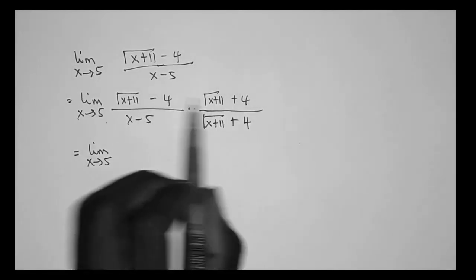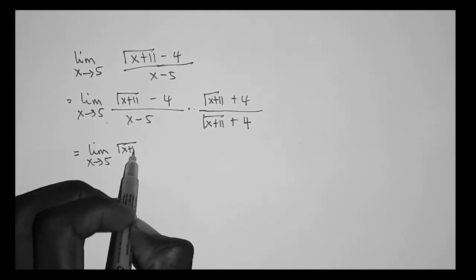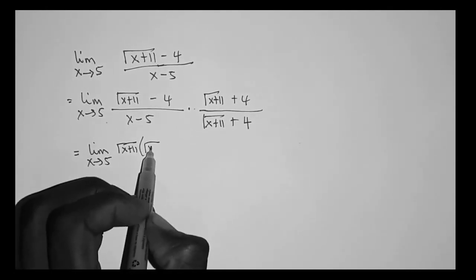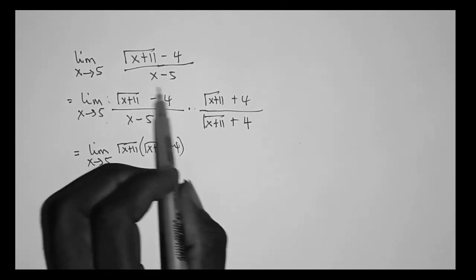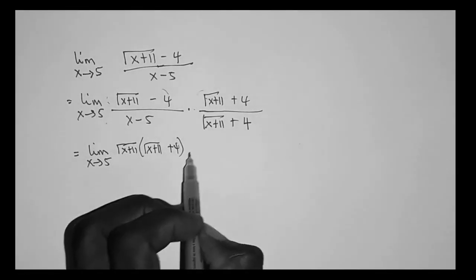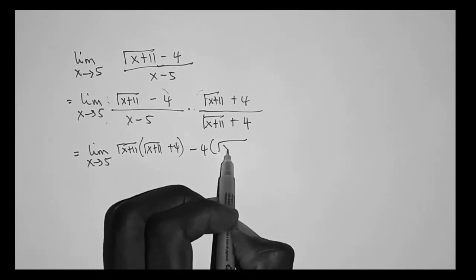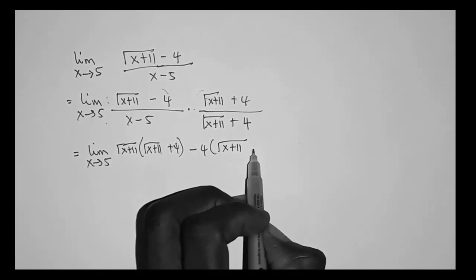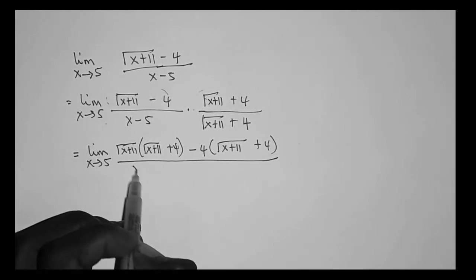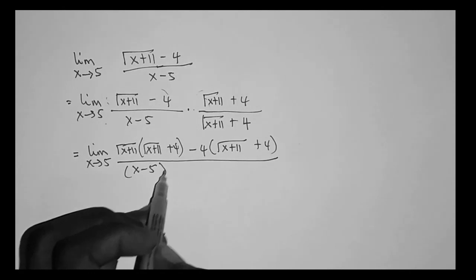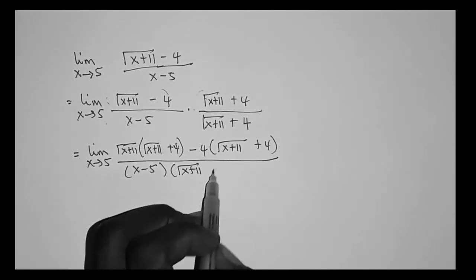Let's distribute this. So this becomes square root of x plus 11 times square root of x plus 11 plus 4. I'm distributing all of this to this. Then minus 4 times square root of x plus 11 plus 4, all divided by x minus 5 times square root of x plus 11 plus 4.